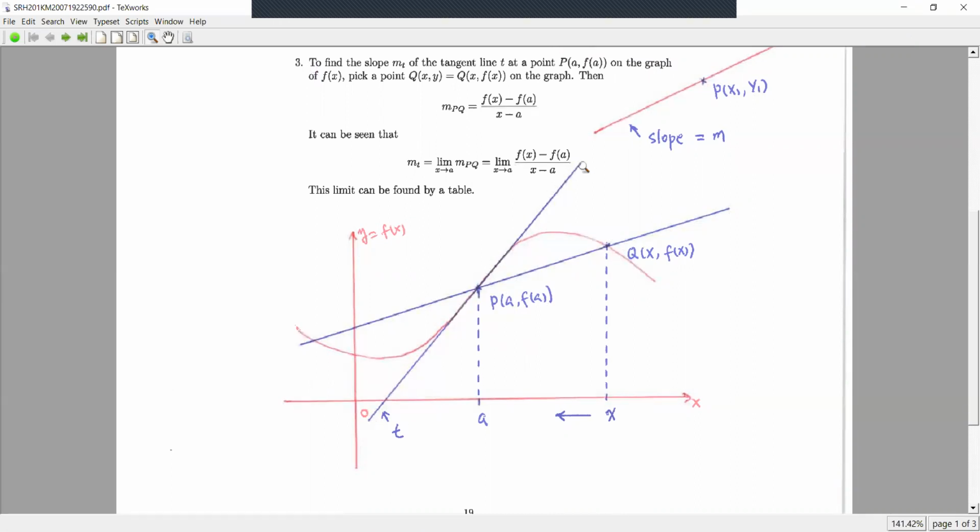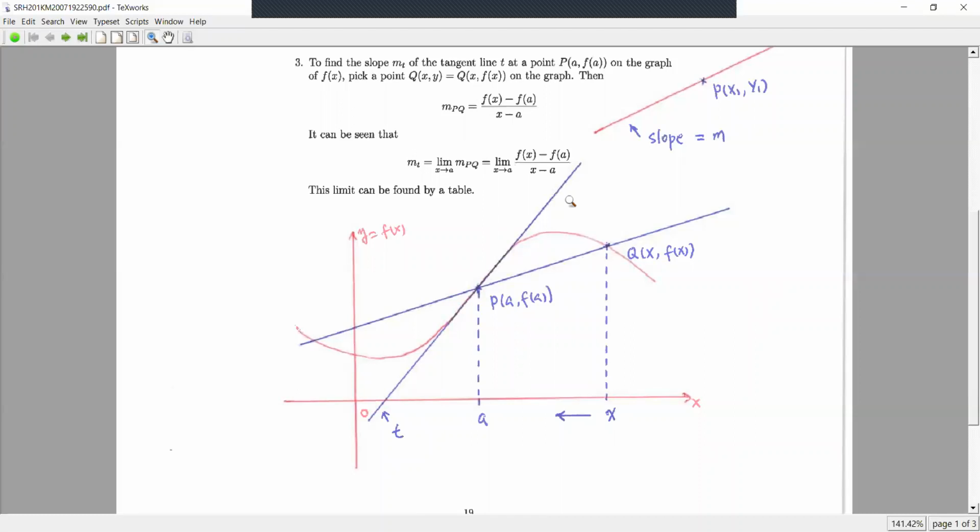About this tangent line, we know only 1 point, point P. We don't know any other point on the tangent line, so we cannot use the slope formula to tell the slope of this tangent line. This is the difficulty of finding the slope of a tangent line. We know only 1 point on the tangent line, so we cannot use the slope formula.